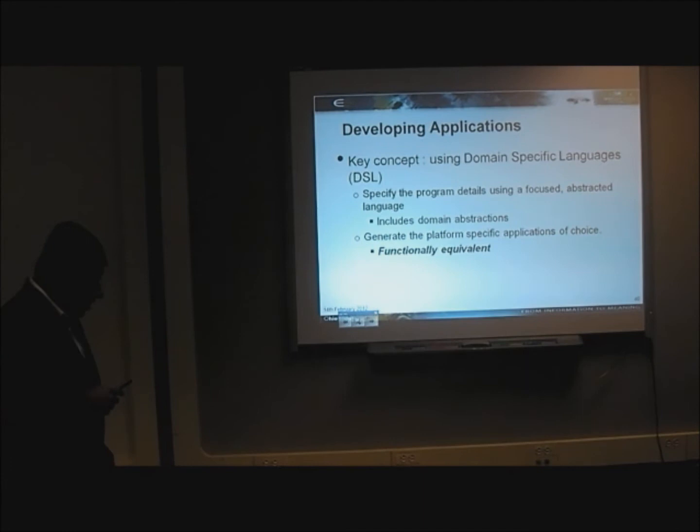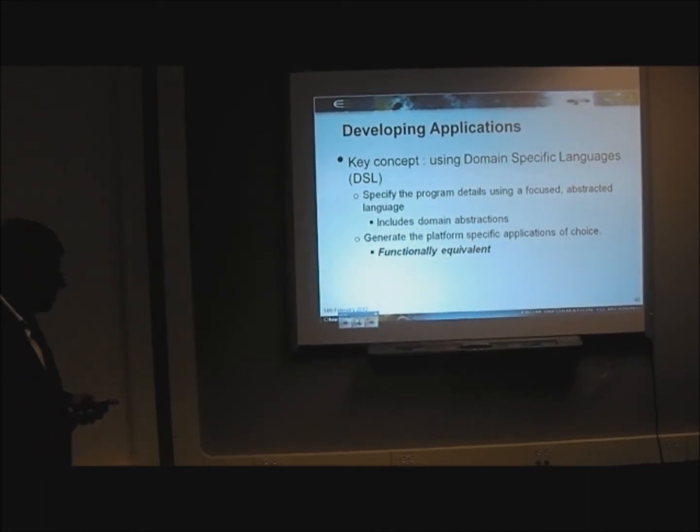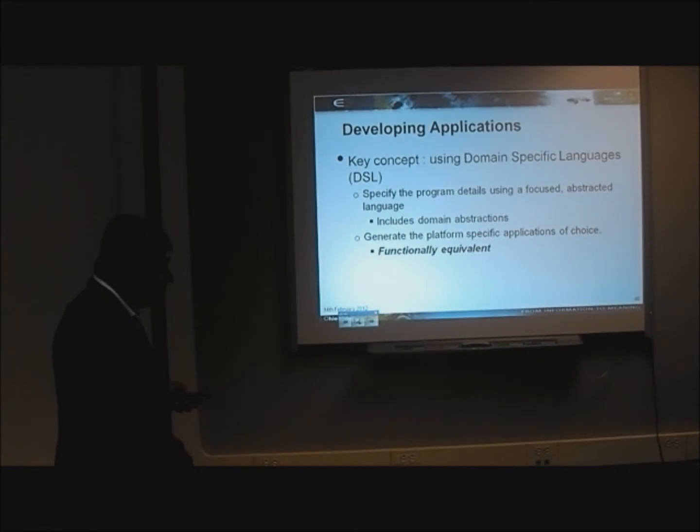Okay, developing applications. The key concept that I'm proposing in developing applications is to use domain-specific languages. Why? Because now you specify your program using a very focused and abstracted language, and this allows us to generate a platform-specific application for the platform of choice.